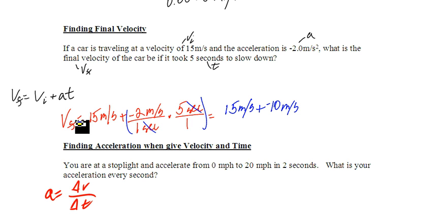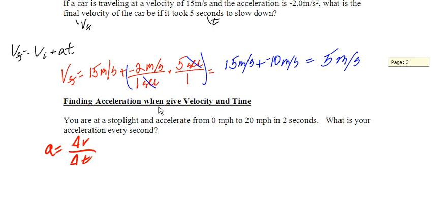And this is all over 1, so I'm not going to write in the denominator. And when I add these two together, my final answer will be 5 meters per second. So we're slowing down from 15 meters per second down to 5 meters per second with that negative acceleration.